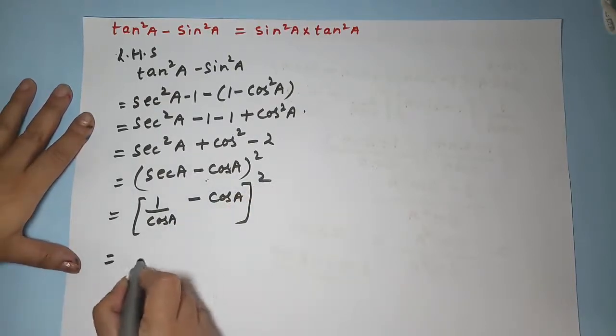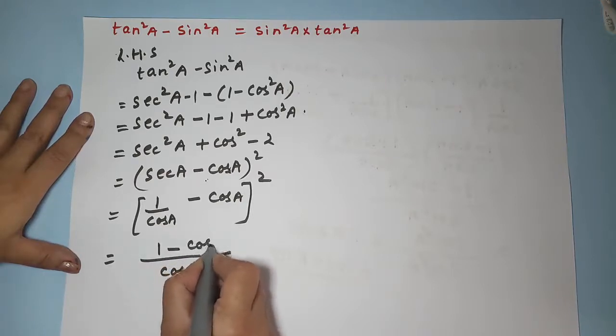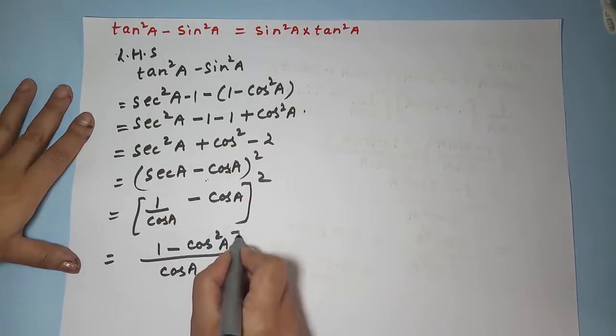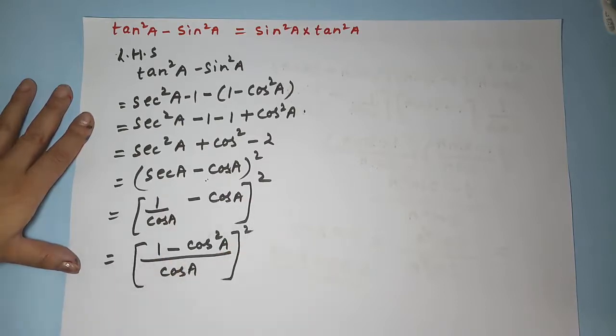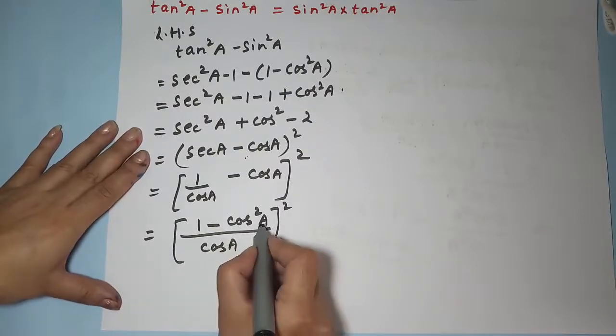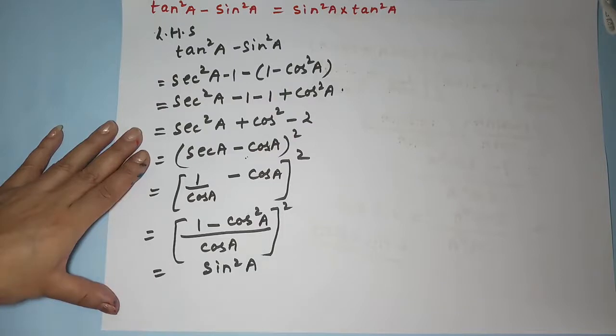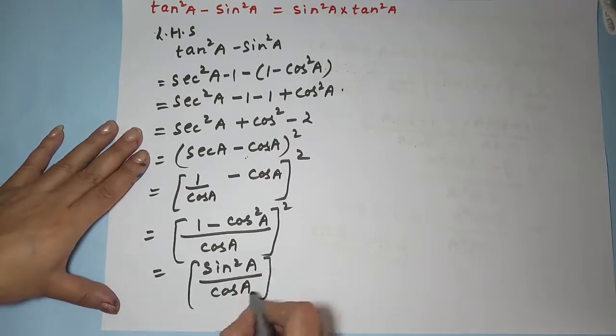Now here if I take cos A as LCM, I'll get 1 minus cos square A, and then this whole square. So finally 1 minus cos square A is sine square A, upon cos A whole square.